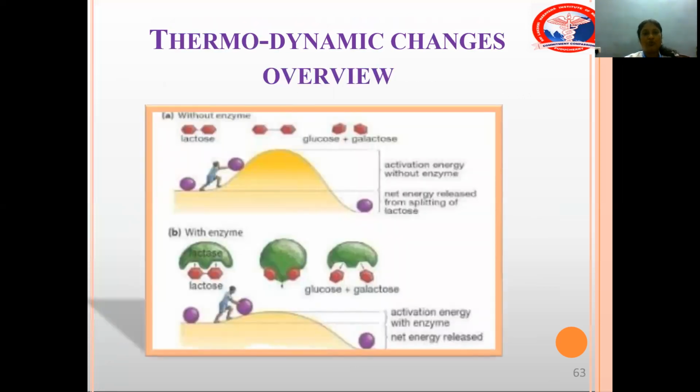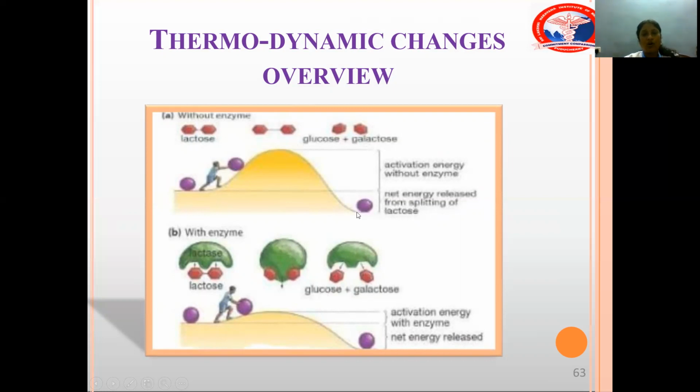Here you can see two pictures where the person exerts so much effort to roll a log of wood over the hill. Here is the net energy released from transferring this heavy weight from this side to that side.